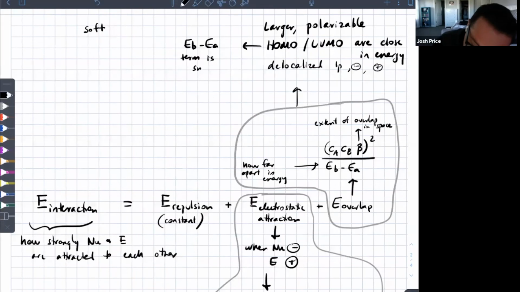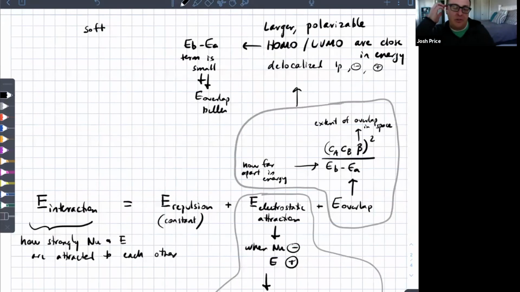It's in the denominator, so that makes the energy of overlap better. And we actually learned this in chapter 14 or wherever it was, that when we mix two orbitals together and they're close in energy, we get a more favorable mixing interaction.